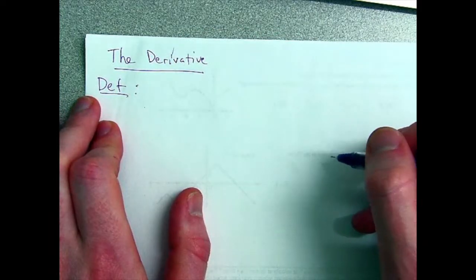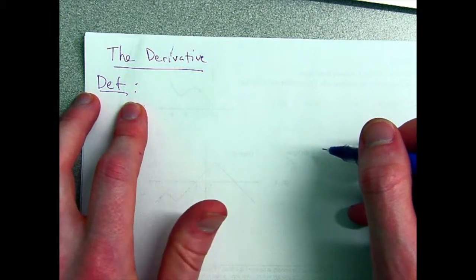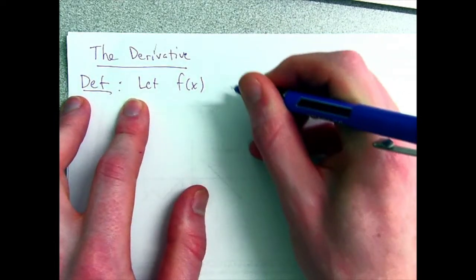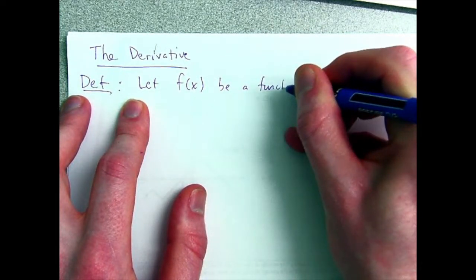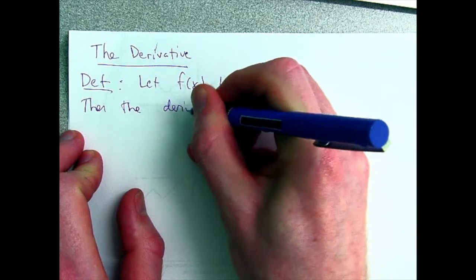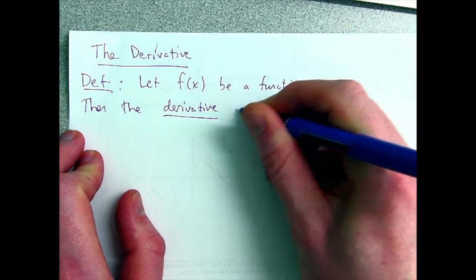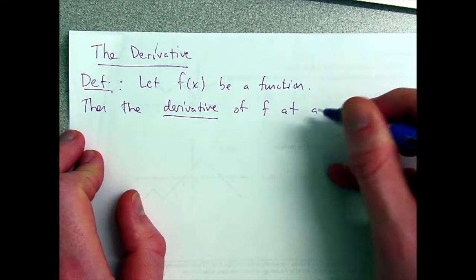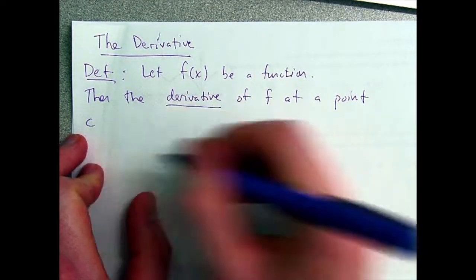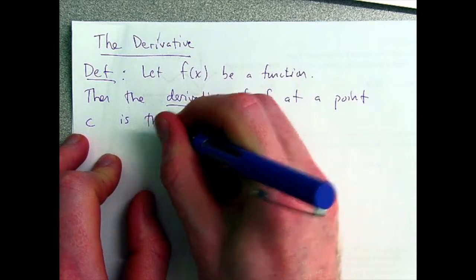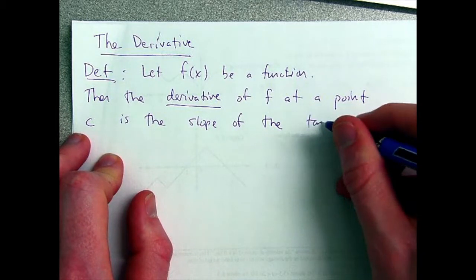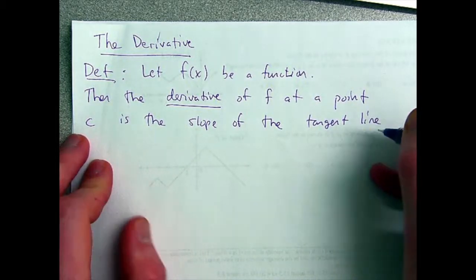I'll wind up giving you lots of different definitions of the derivative that are all equivalent, but here's the first one. Let f of x be a function, then the derivative of f at a point c is the slope of the tangent line at c.